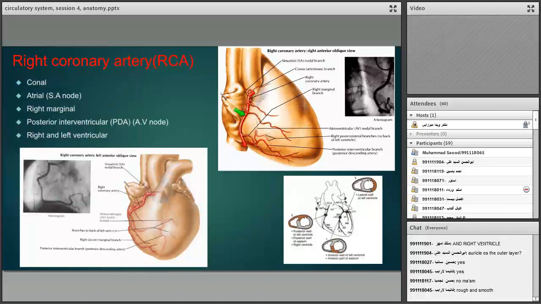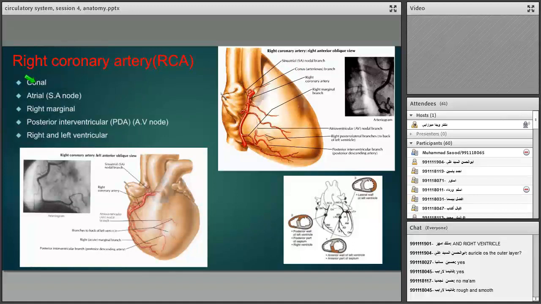Some of the branches of the right coronary artery are supplying the beginning part of the aorta and the pulmonary trunk, and also the conus arteriosus. So we call them conal arteries.